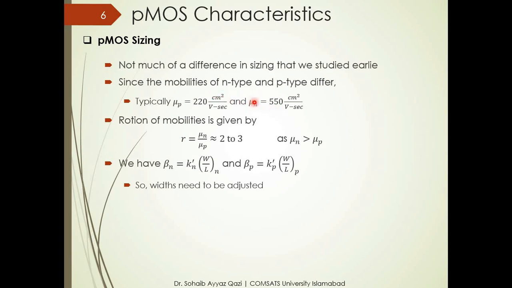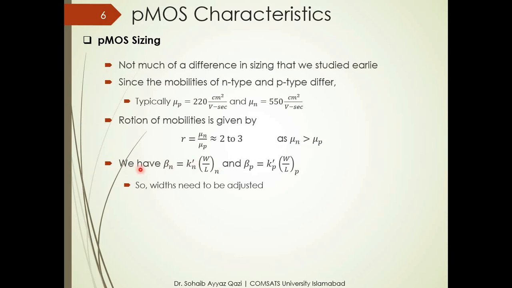If we find the ratio of the two, mu n divided by mu p is approximately 2 to 3. We get a value greater than 1 because in real cases mu n is greater than mu p, and it is always the case.